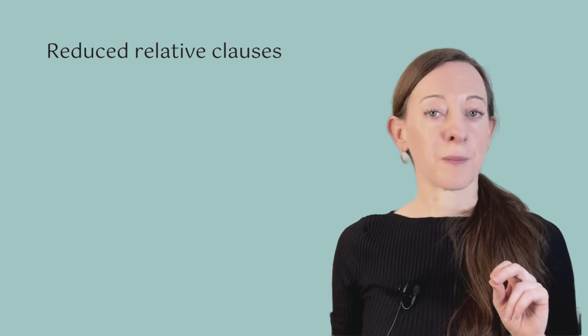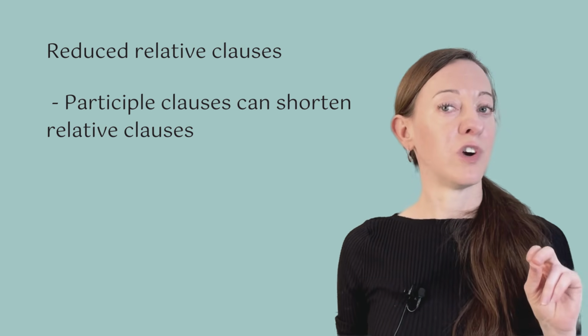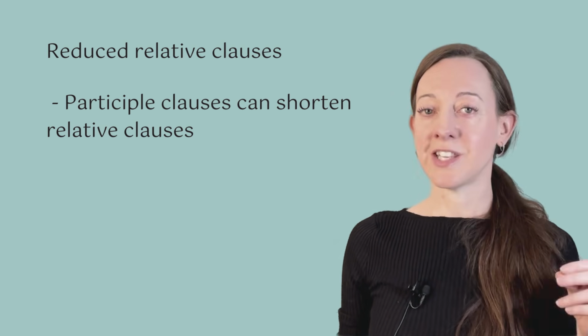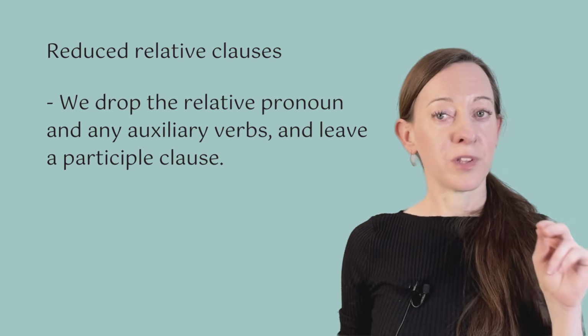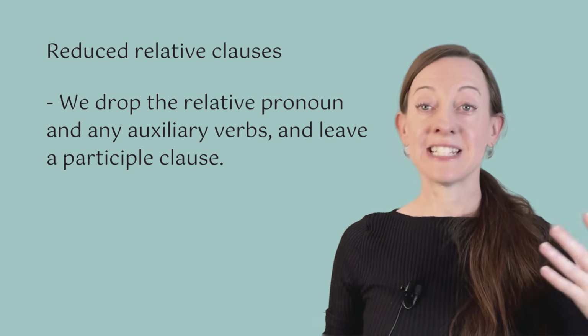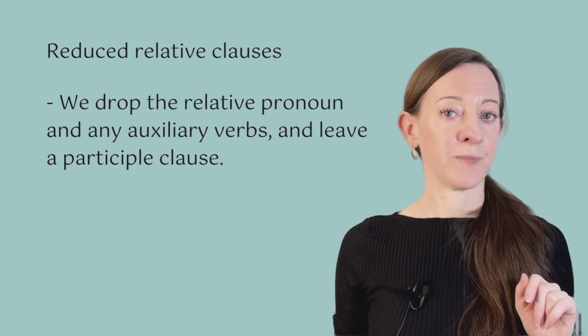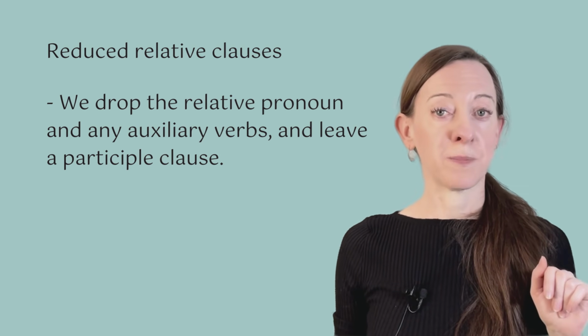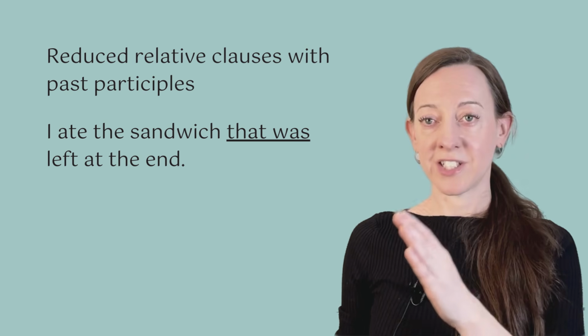We can use participle clauses to shorten sentences that have longer relative clauses. So this is quite an advanced use. In this case, we drop the relative pronoun, that, who, or which, and any auxiliary verbs, and we leave a participle clause. We often do this with past participles. I ate the sandwich that was left at the end.